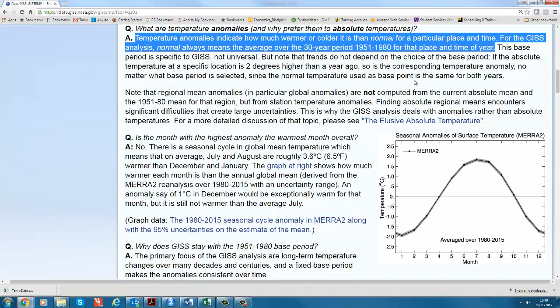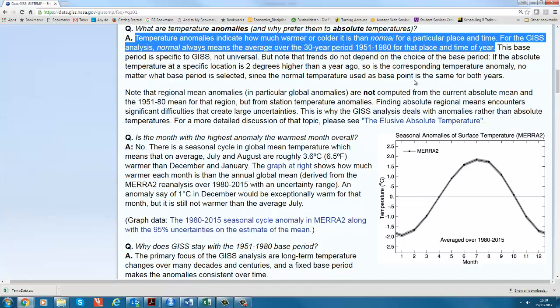They use these anomalies because they have sensors all over the globe, and what they want to know is whether the temperature at a particular sensor at a particular place has increased over time. So they define this reference period from 1951 to 1980, and then they can measure whether in that particular place the temperature has increased or decreased.